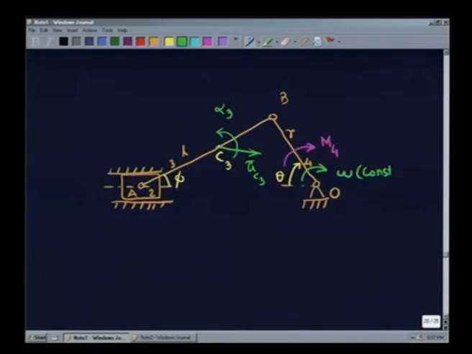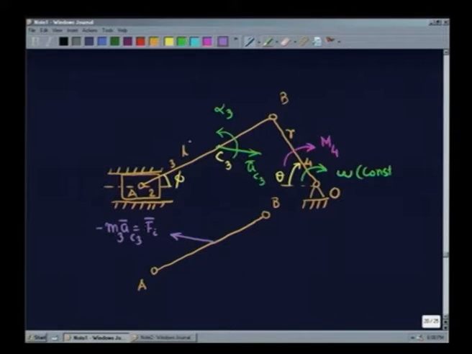Next, we consider only the link which we have to analyze. And we calculate the inertia force, F I, which is nothing but minus m3 into AC3.